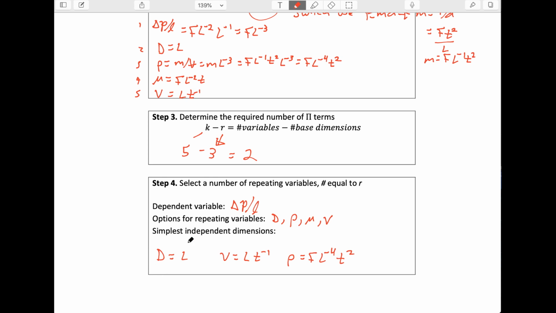The velocity brings in the time for us so that we have a variable that captures the time which we need. And then lastly, we had a choice. We could use viscosity or density. We ended up picking density as a thing that represents the force. And so these 3 variables contain the 3 base dimensions that we're interested in, but they're also independent of each other. There's no way to mess around with velocity and turn it directly into a length.